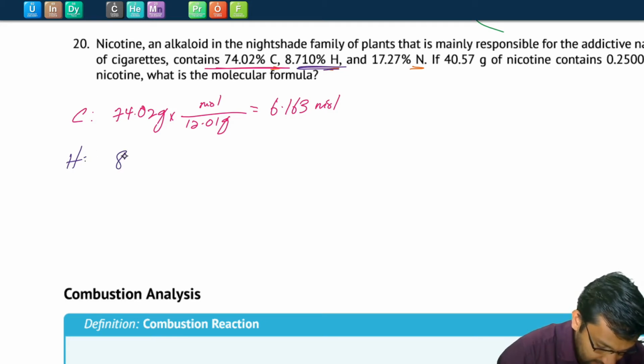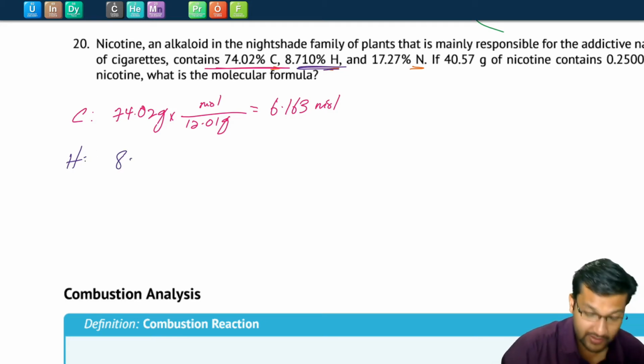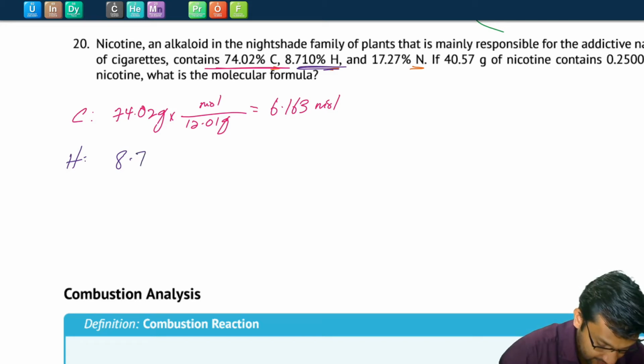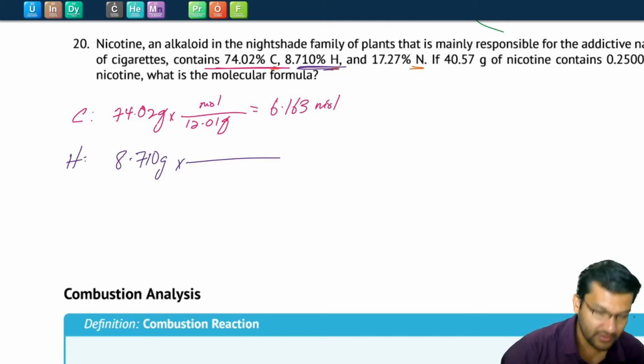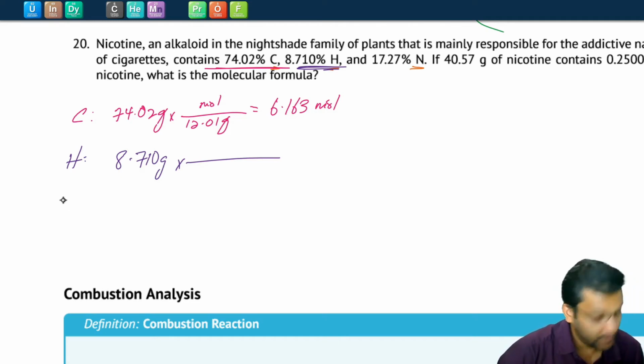Let's look at hydrogen. We have 8.710% applied to some fictitious mass gives us 8.710 grams. Now, usually I've been using 1.01 grams per mole for hydrogen, but you never want to use a number that will reduce the number of sig figs that you have. If you look at your periodic table, the molar mass of hydrogen is actually 1.00794, and it continues.